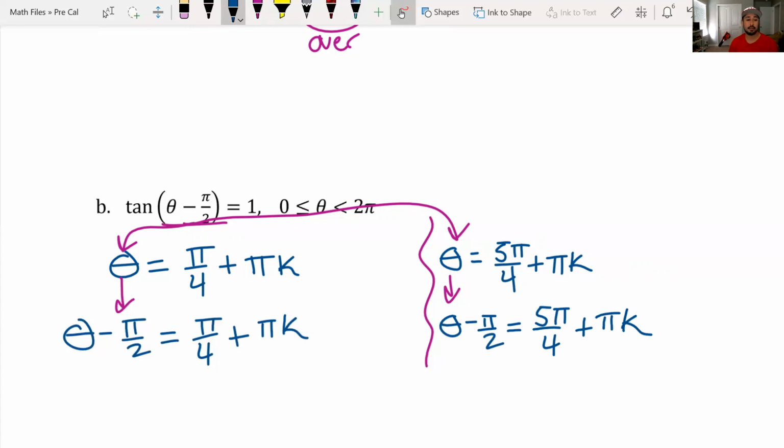Now, just clean it up. Add that pi over 2 over. So theta would become pi over 2 plus pi over 4 plus pi k. Same thing over here.